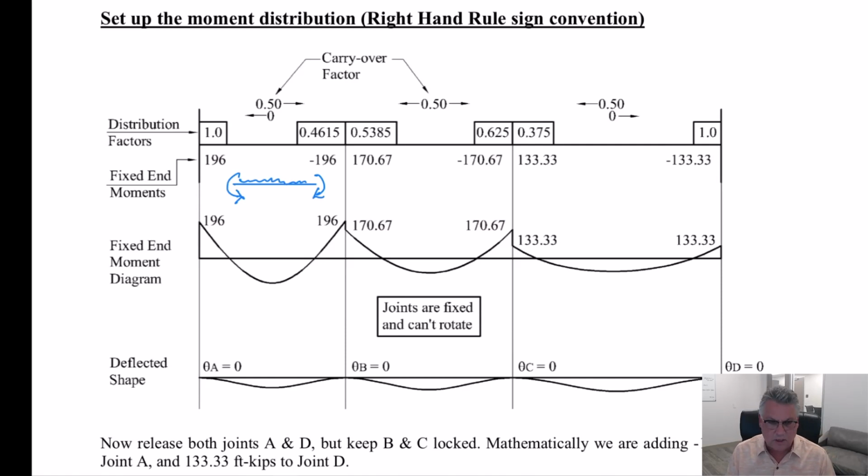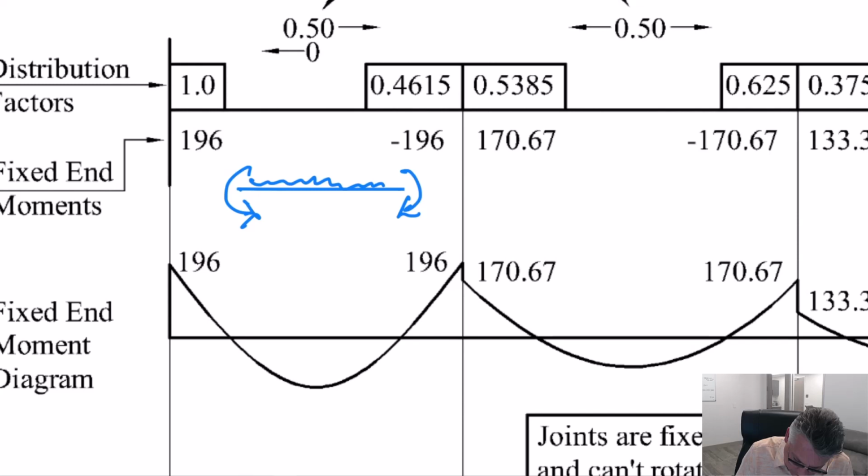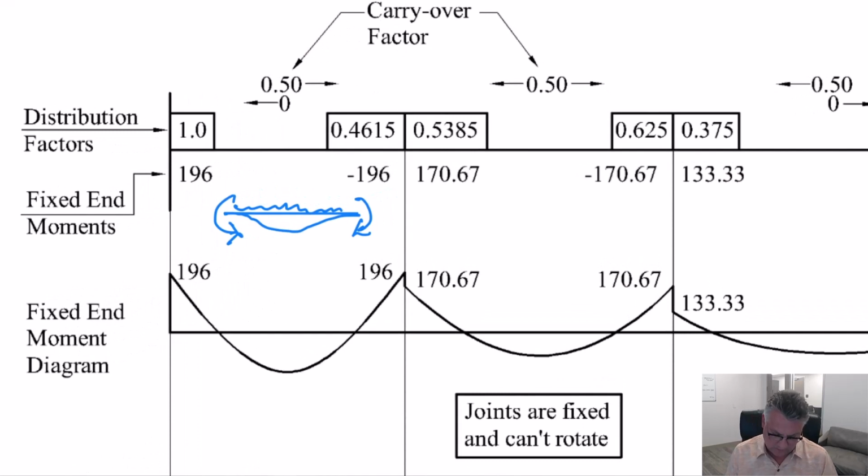So this is that beam. If you take your right hand, and remember this is trying, oh, that's not pretty. Let's do that better. Not much better, but you get the point.